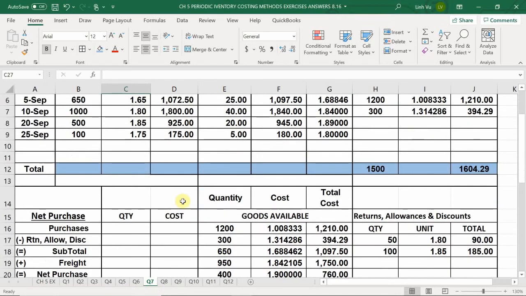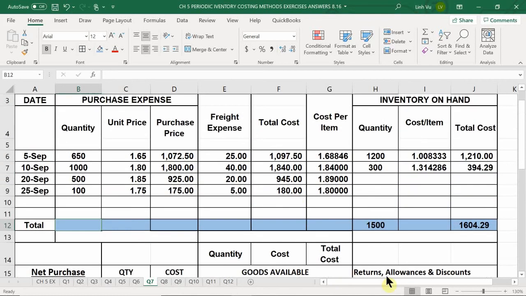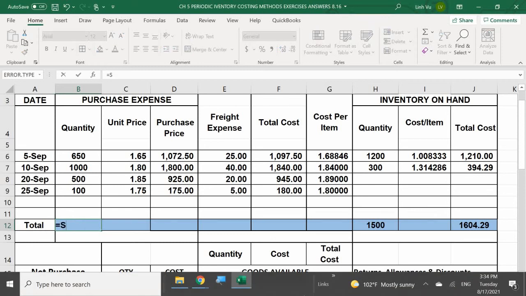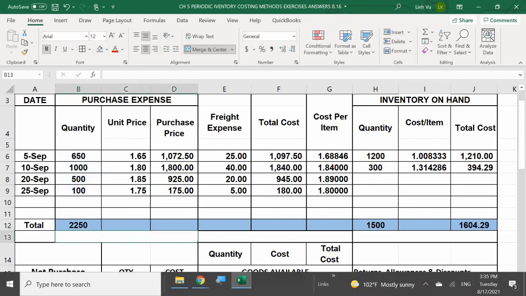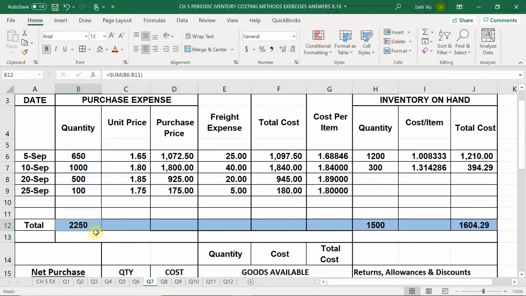So now once we reach the end, we need to sum up the totals of our purchases. Okay. So in this case, we're going to go ahead and sum this. So what was the total amount of my original purchases? How many items did I originally purchase? $22.50. Okay. What was my total purchase price?